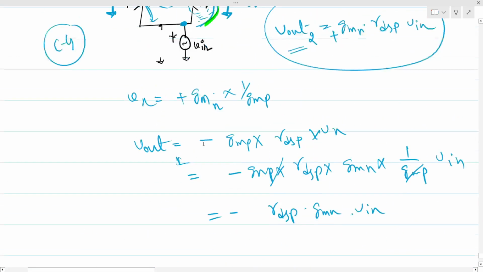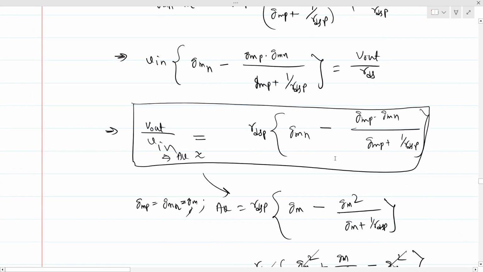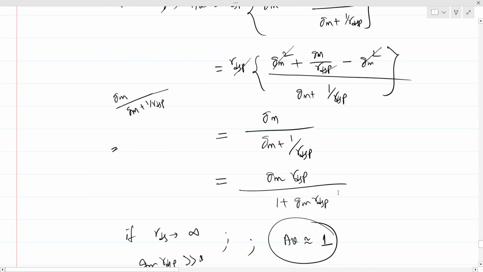So previously, by solving some KCLs and KVLs, we were getting this type of equation, but I think this should be equal to almost 0, okay?